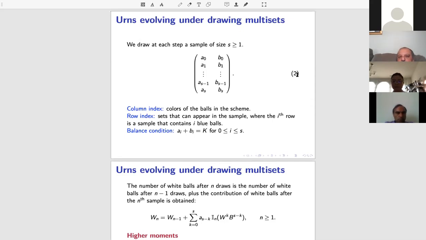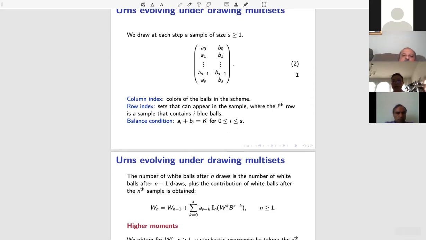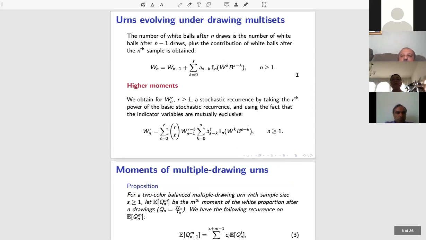So for this class of multiple drawing urn models, we can formulate a stochastic recurrence on the number of white balls. It's the number of white balls from the previous step plus the contribution of this round of sampling.